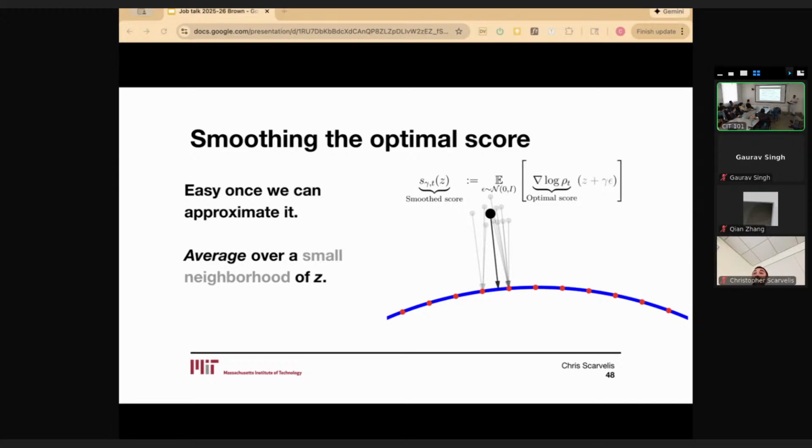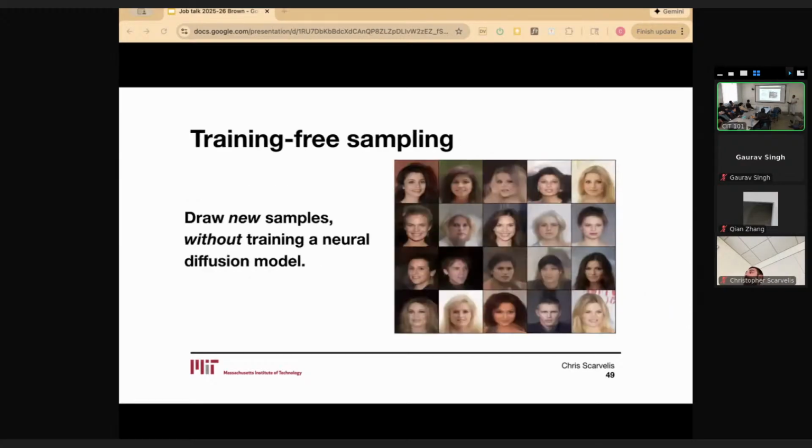So since we've already shown how to do this efficiently, we've got all the pieces we need for our sampler. And it turns out that running this sampler in the latent space of the right autoencoder lets us draw new samples from the target distribution without needing to train a neural diffusion model. This means that we don't need neural nets to generate new data. What really matters is knowing how neural scores differ from the memorizing optimum, and then being able to simulate that behavior after the fact.